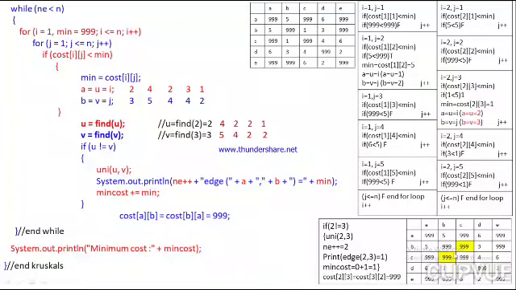That is why I am making that entry as 999. Make sure that in the next iteration we are not considering the same edge once again.